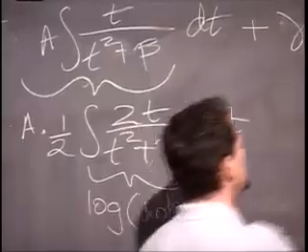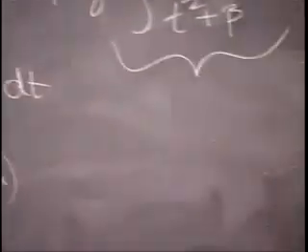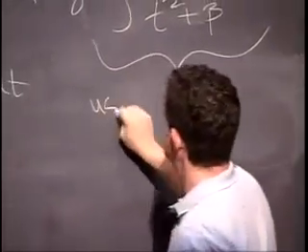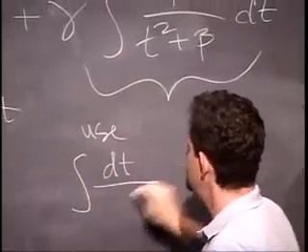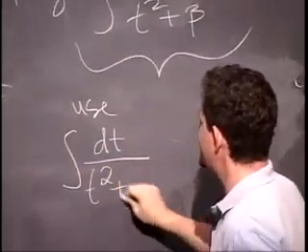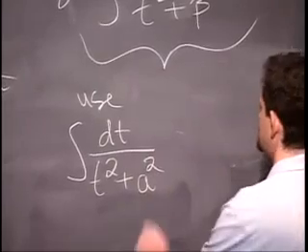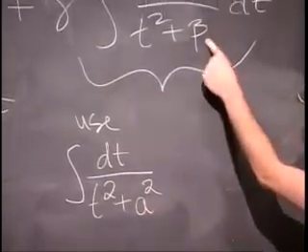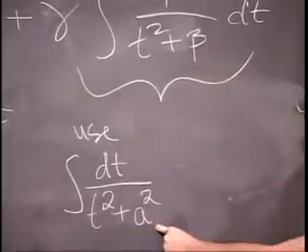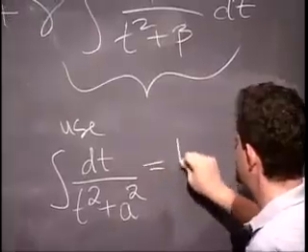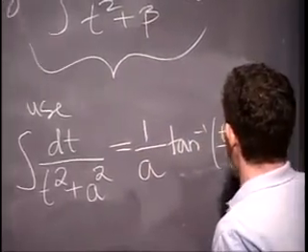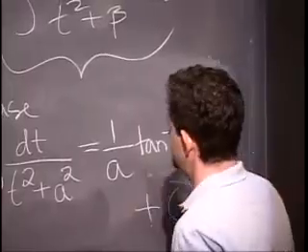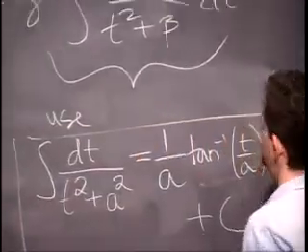Whereas for this piece, use the formula from before, which I'll just write up again because it's in the summary. dt over t squared plus a squared. So here I'm thinking of beta, I've called it, as being a squared. So that's 1 over a inverse tan t over a plus a constant. And that you are going to memorize.